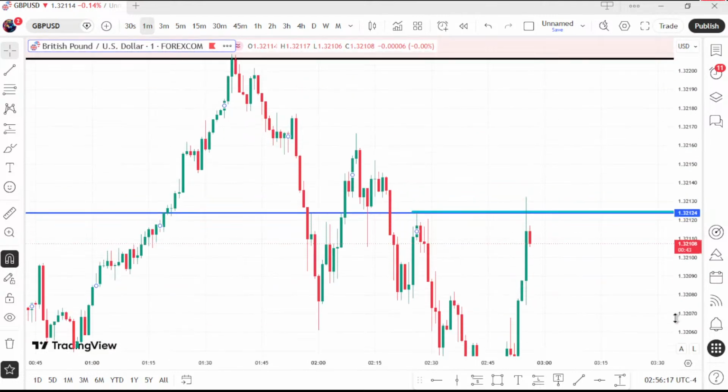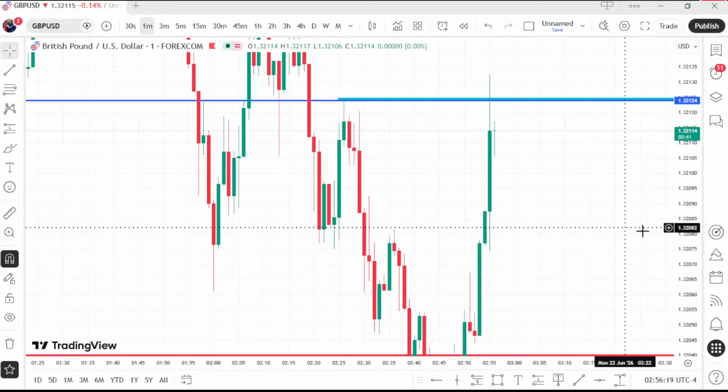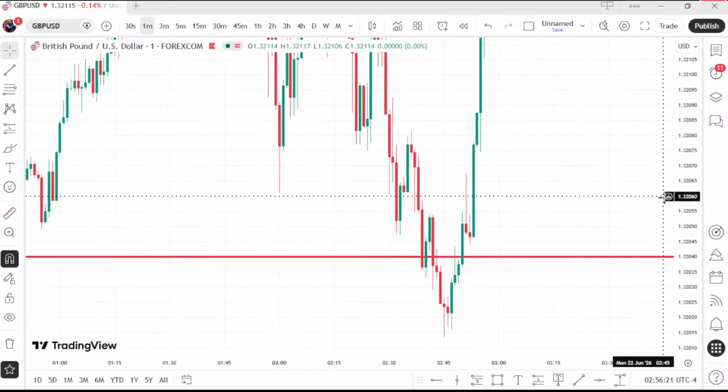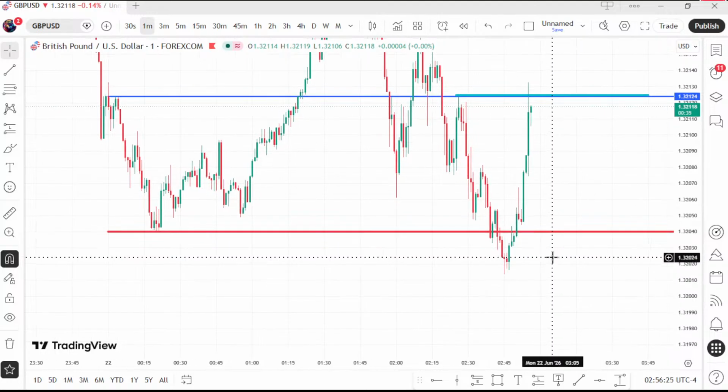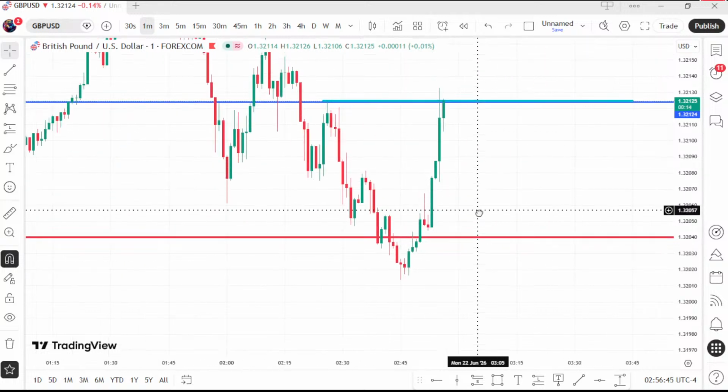Then wait for a decline to a fair value gap.